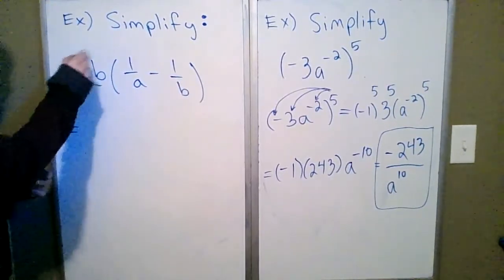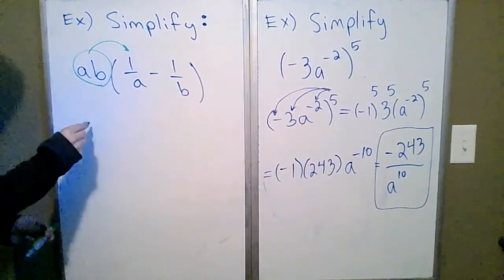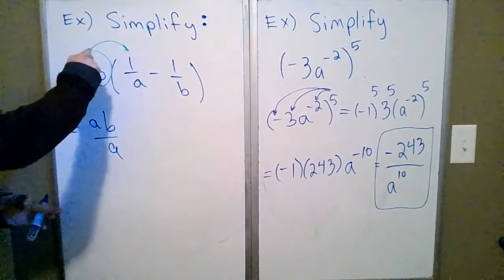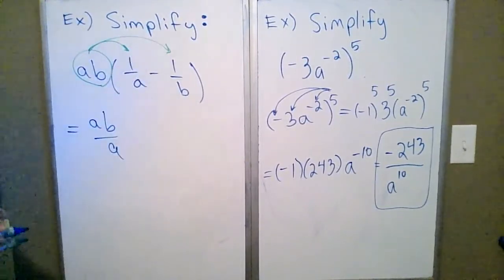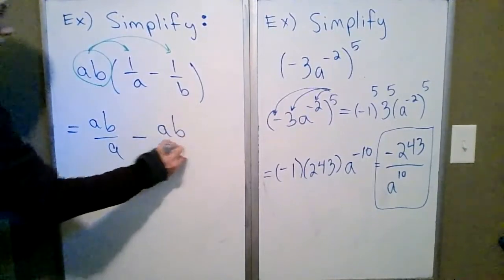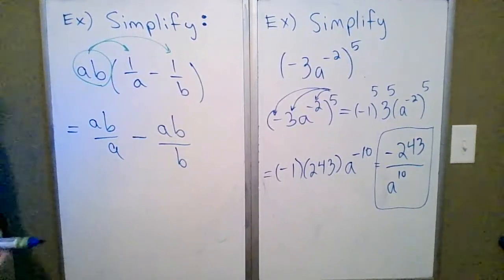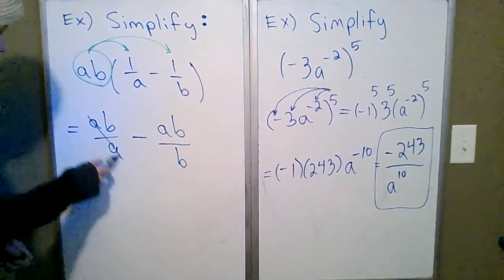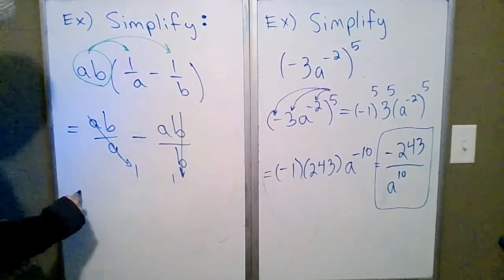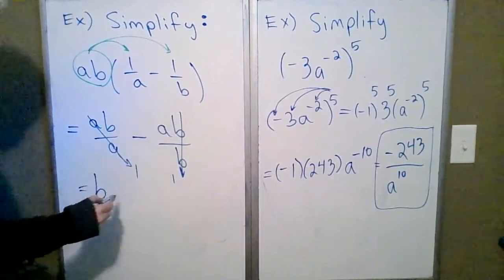You want to apply it to both terms. Multiply AB to 1 over A, and then multiply AB with -1 over B. So you've got a negative AB over B. A over A is 1. B over B is 1. So what's left right here is just B and subtract A.